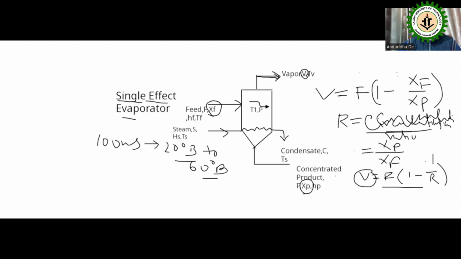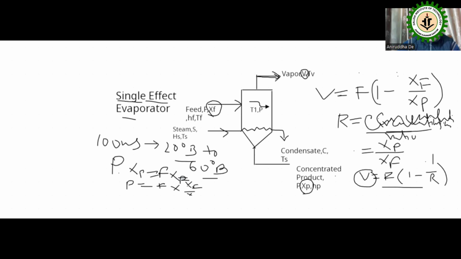So here we want P, the amount of concentrated product. As I have told, P into XP is equal to F into XF. So P will be F into XF by XP.